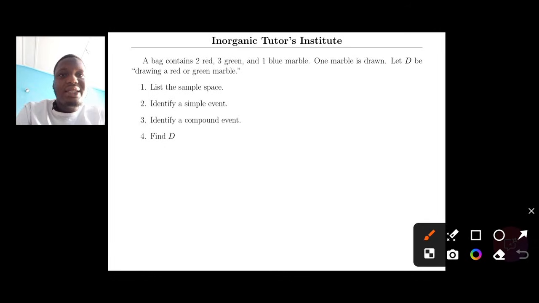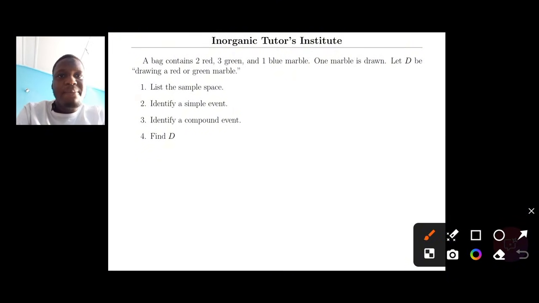So let D be the situation where we will get a red or green. When they want to write it in probability, they can write let D be drawing a red or green marble. So just take note of that.